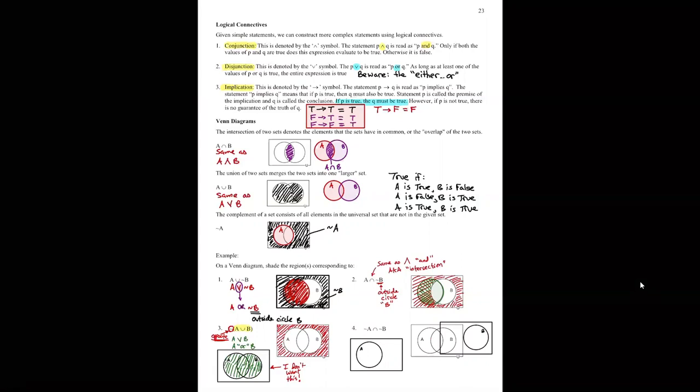If I want just the not A, all I'm doing is shading in this figure everywhere except for A. All right, that's not too bad. Not too bad at all.